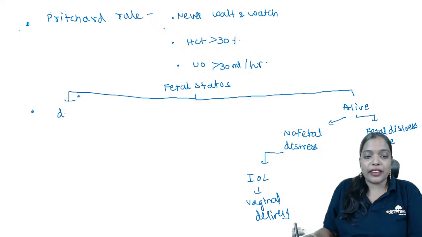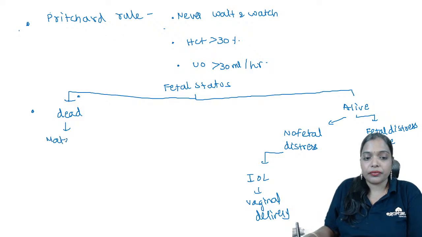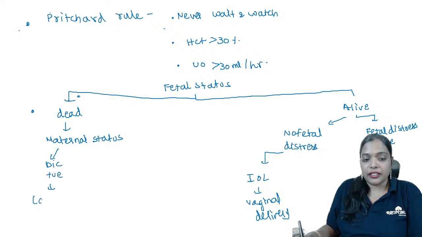If the fetus is dead, then you have to check the maternal status. In maternal status, if DIC is present, correct the DIC. If no DIC, then you can go for vaginal delivery by induction of labor.